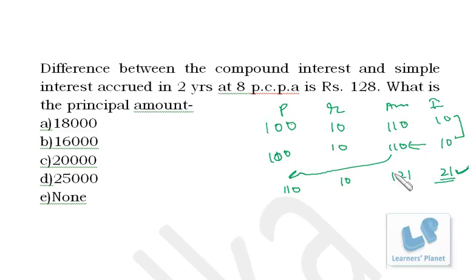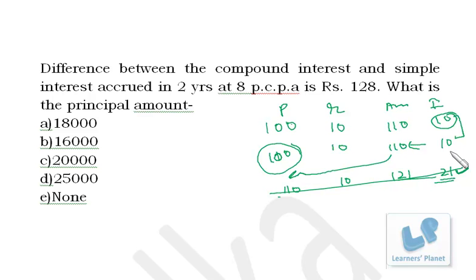See, in this case, this is the interest for the second year on principal, right? That will be same. But apart from that, if we talk about compound interest, that is interest on interest. That means 10% interest on this interest of rupees 10 that accrued in the first year, right? So 10% of 10, that is rupee 1.